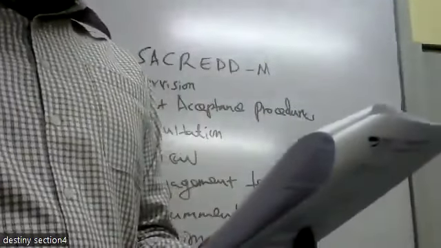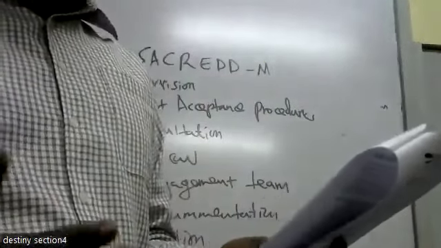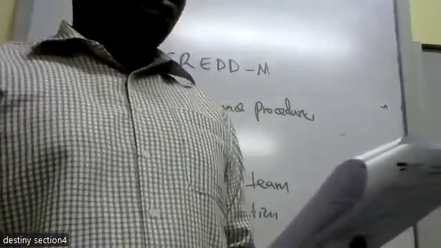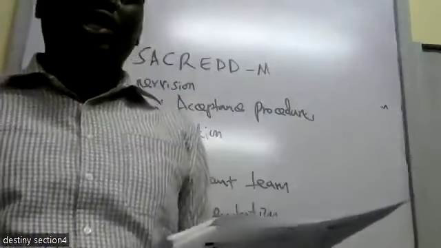So what happens there? The engagement partner should arrange consultation on difficult and contentious issues. Some of the areas where consultation is required: in application of a newly pronounced standard, maybe an accounting standard or auditing standard, how it shall be applied.